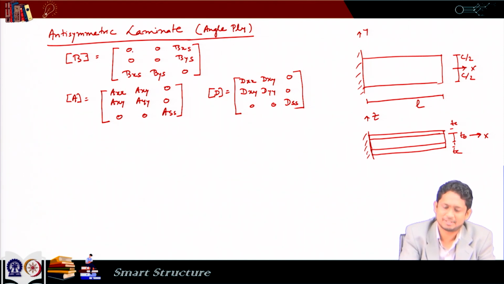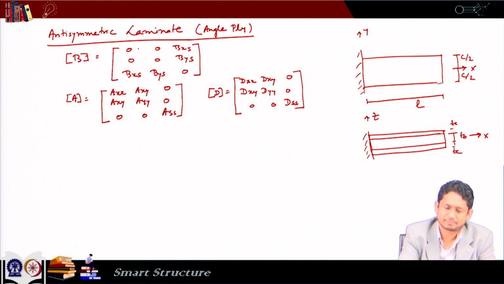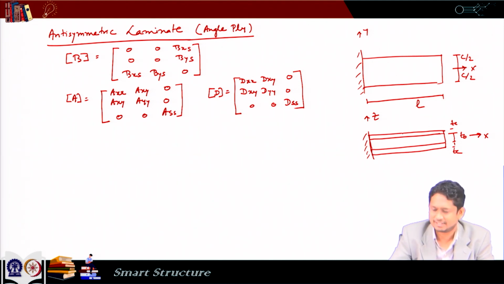Now, please understand that Bxx, Bxy and Byy are 0, and that is why any in plane loading, any in plane actuation is not going to cause any bending, but it is going to cause twisting. So, here twisting and in plane deformations are coupled.